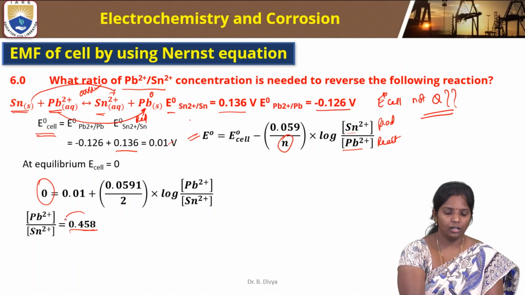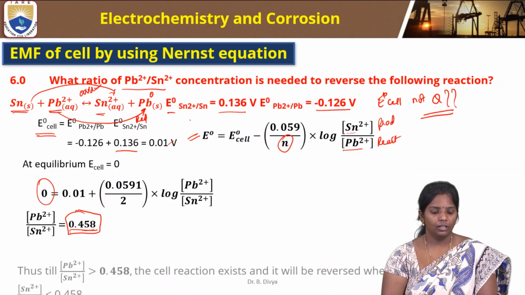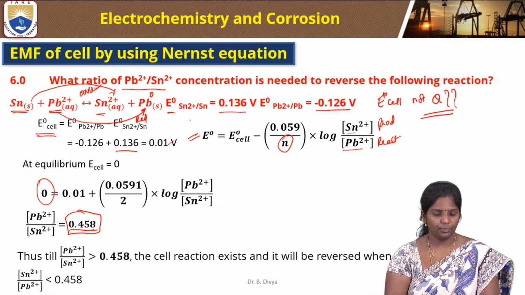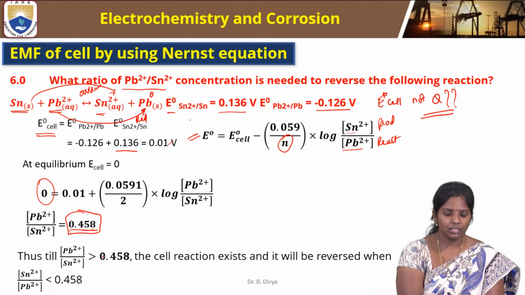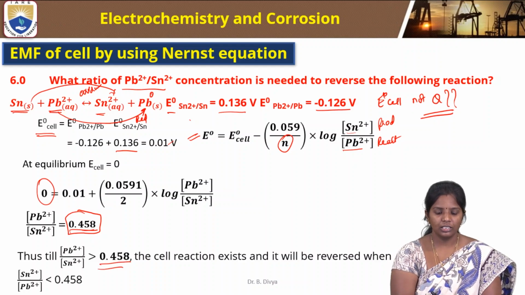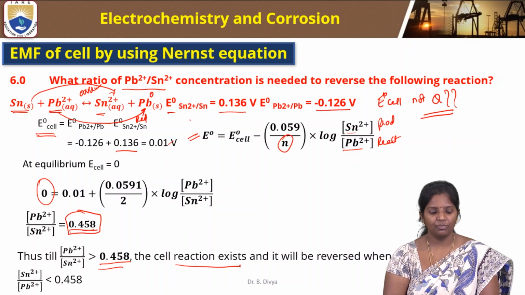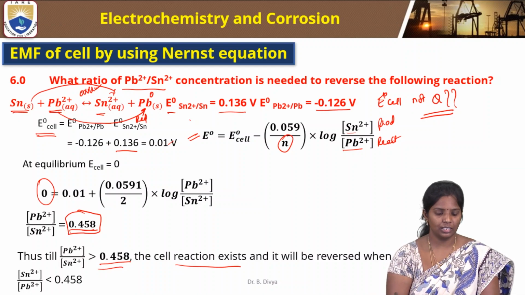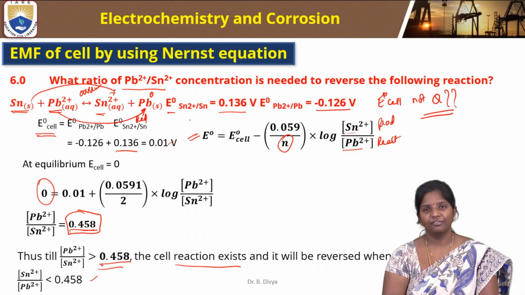This is the ratio that is required for reversing the reaction. So as long as the concentration ratio is greater than 0.458, the cell reaction exists, and it will be reversed when the ratio is less than 0.458.